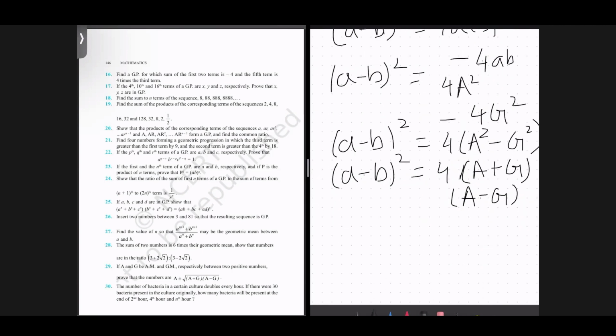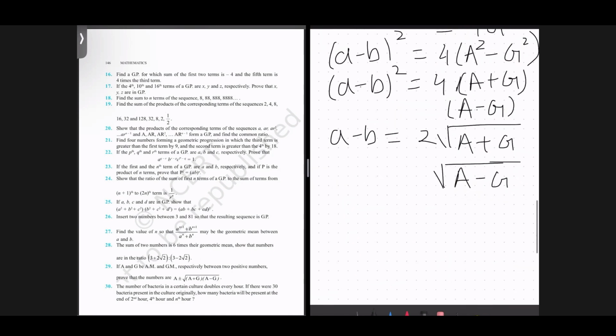Now taking the root on both sides, you finally get a−b equal to 2 under root of (A+G) into under root of (A−G). So a−b is 2√(A+G)√(A−G).